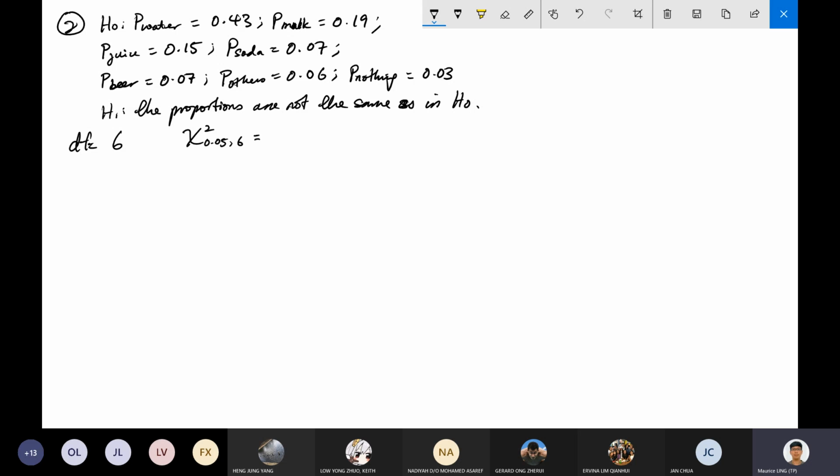What's the critical value at 0.05? 12.592. Correct. Now, do you have your chi-square statistic? If you calculate, 10.8822. 10.8822, correct. So based on this, how many of you did not get 10.8822?